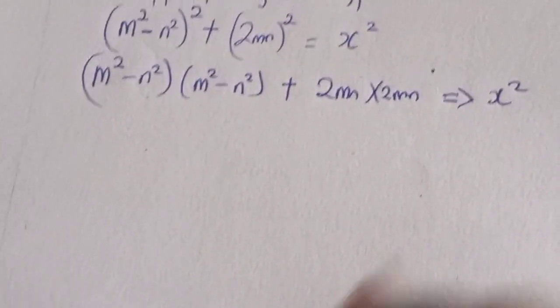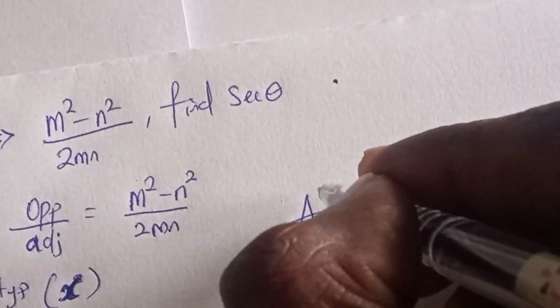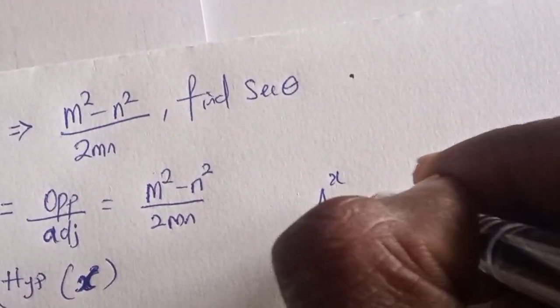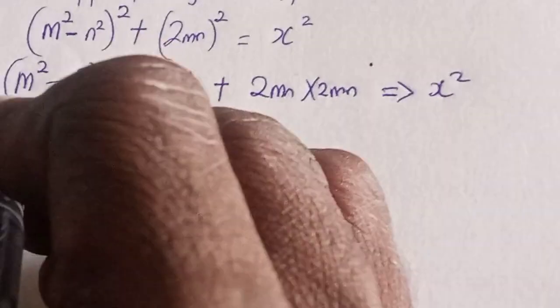Now m² times m². Using the law of indices, the multiplication law states that a raised to power x times a raised to power b equals a raised to power x plus b. We add the powers together. So m² times m² gives us m raised to power 4.